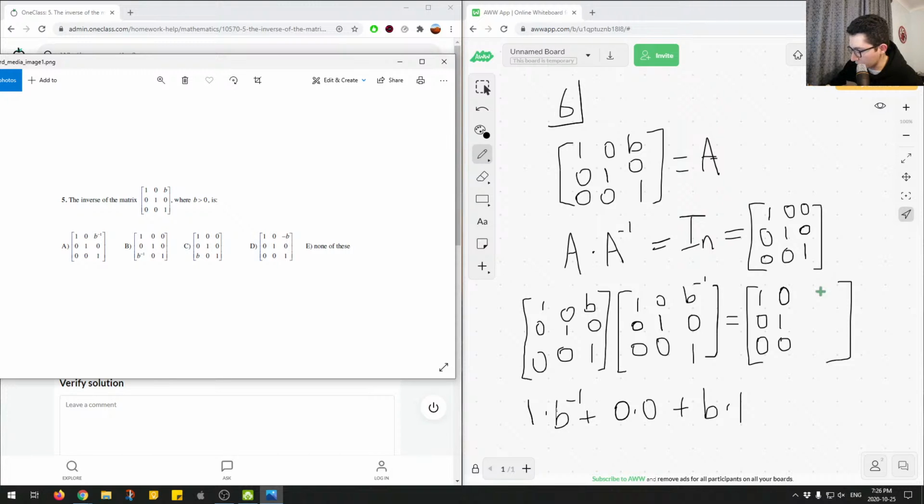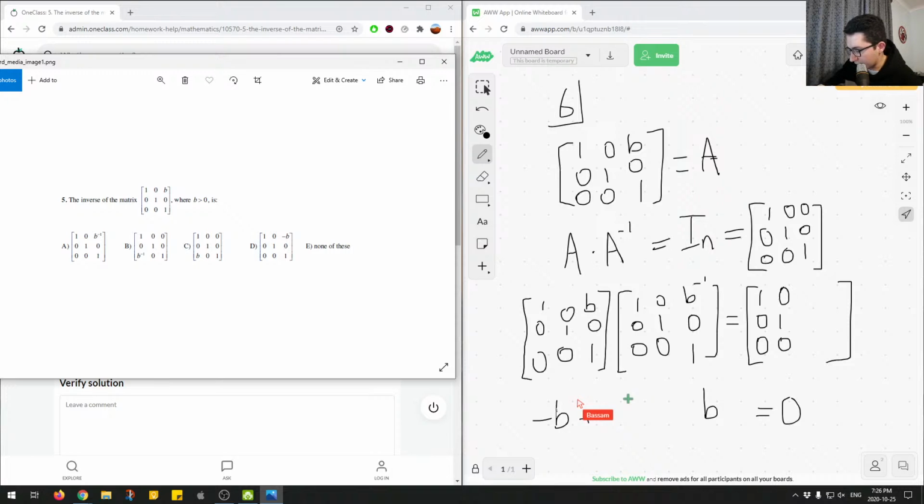We're trying to say that this should be equal to 0 in order for us to get the identity matrix. So we're left with b to the negative 1 plus b. We can see that this should really be negative b for it to cancel out and become 0. Here we have this option, which has negative b, and the rest of the options don't have negative b. So if this was negative b, then we would end up with 0.